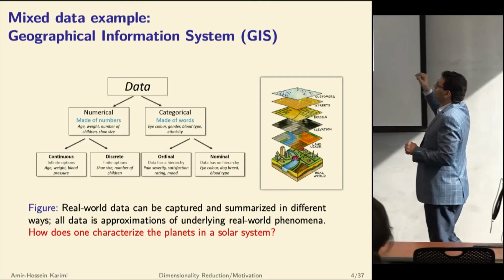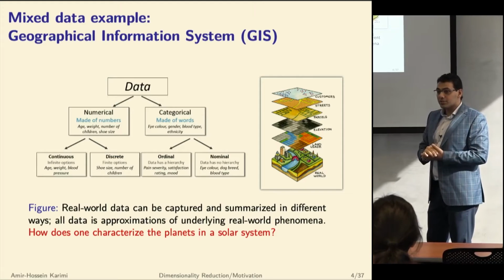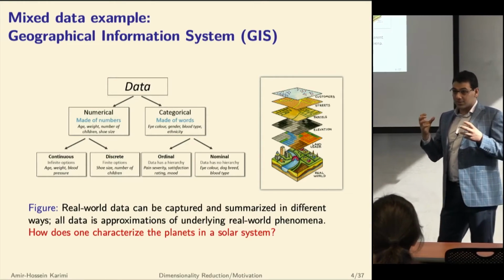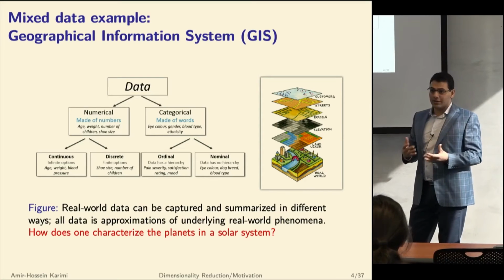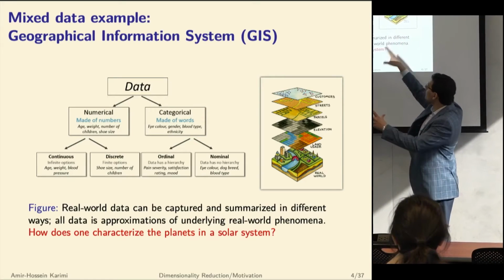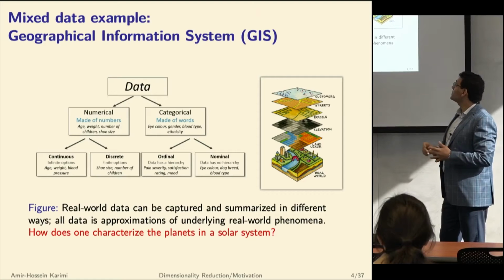Also on this slide, what I'm showing is an example of GIS data, or Geographical Information System data. An important thing to consider about data is that data is always a summarization or an approximation of some underlying real-world phenomena. This might be a rudimentary map of Pittsburgh itself.